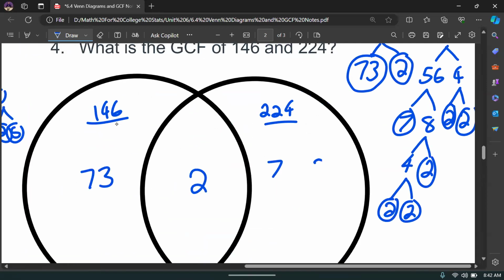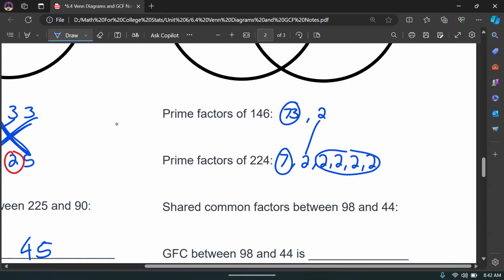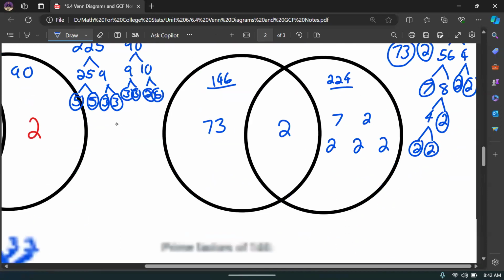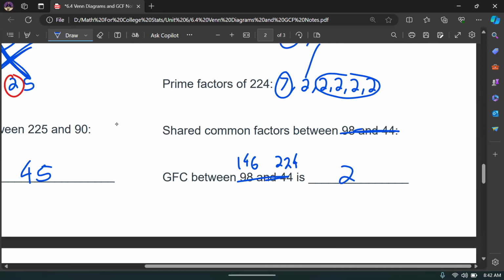There you go. That's it. And don't mind my typo here. These should say 146 and 224, right? Yeah. And the prime factor there is just 2. 2 is literally the greatest common factor we have for it.